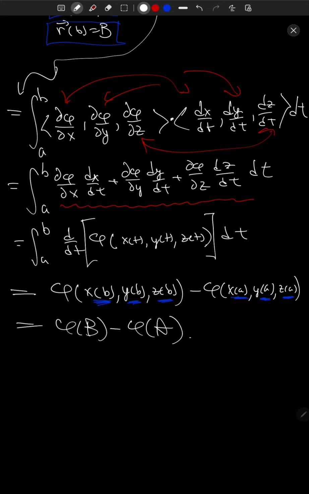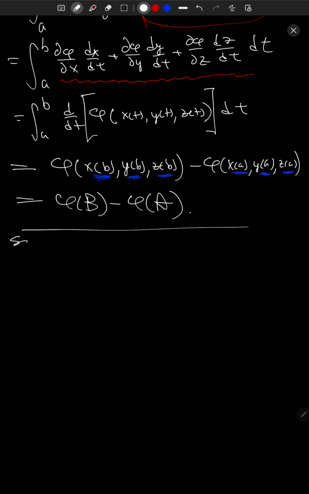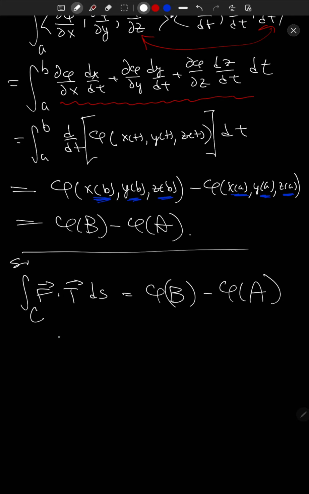All right, so ultimately, let me write down the conclusion here. The integral of F dot T ds over my curve is actually equal to φ of capital B minus φ of capital A, where A is equal to the start of C, let me put that in quotes, that's not completely mathematical there, and B is equal to the end of C. Okay.